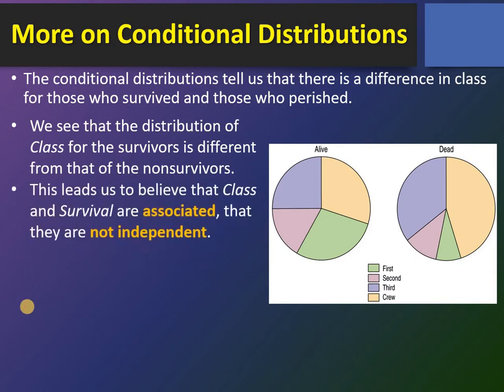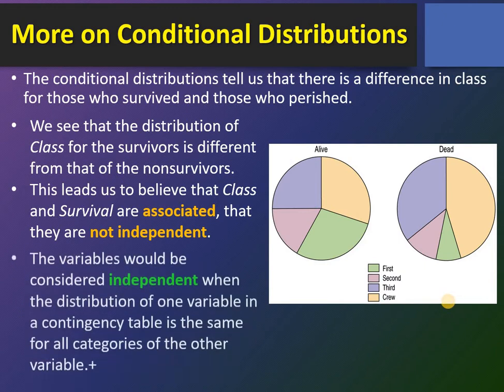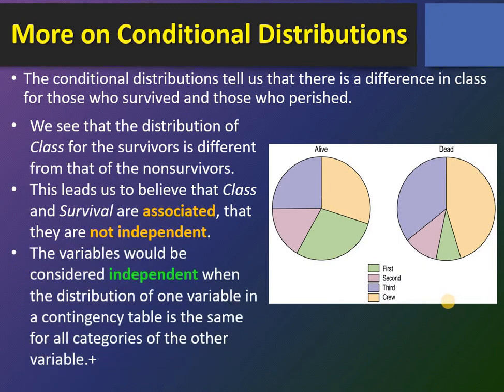Okay? So you can use the word associated. Typically we're going to focus on the words independent and not independent, because associated can sometimes get a little bit confusing as we work through all of this. So if I have a contingency table and I find all my percentages, and I'm comparing one group to the next group, my rule of thumb is within 2%.